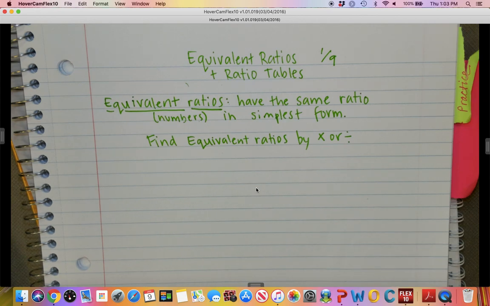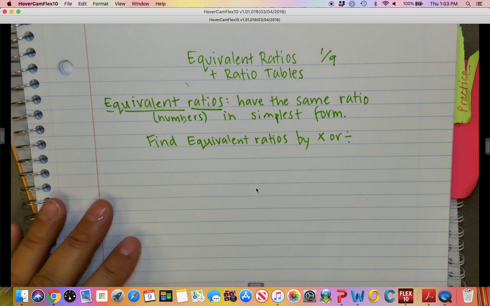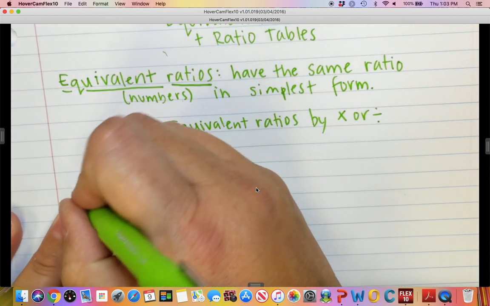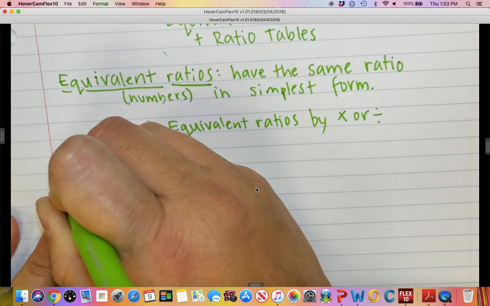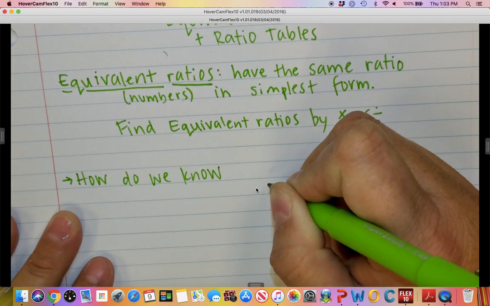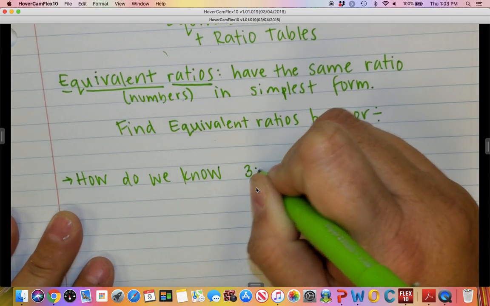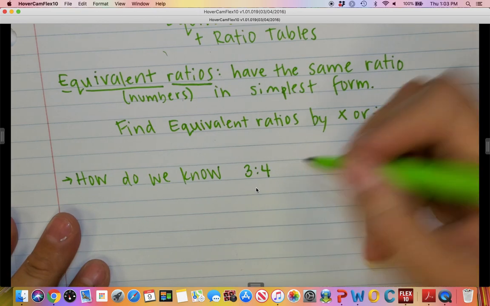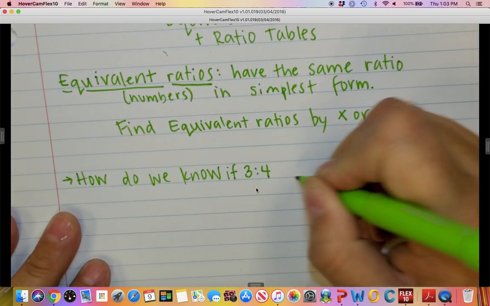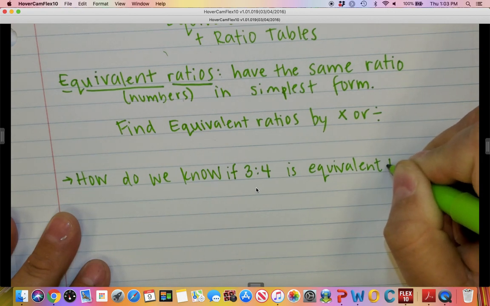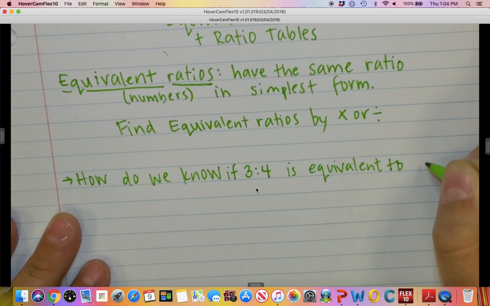I'm going to show you an example. How do we know if 3 to 4 is equivalent to 6 to 9?